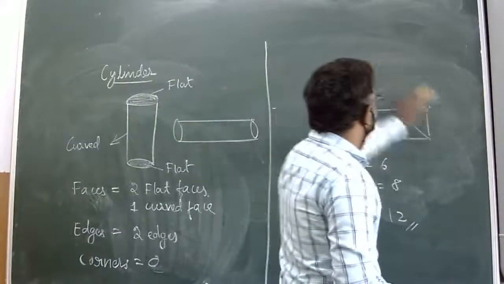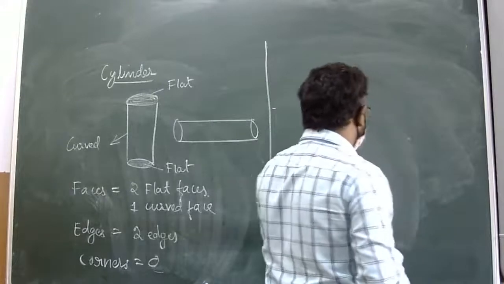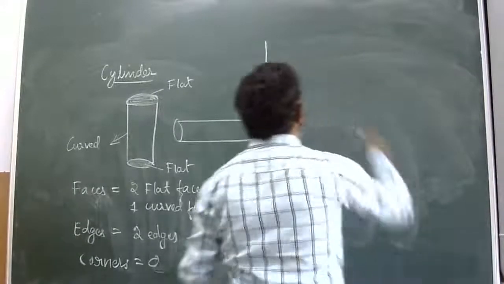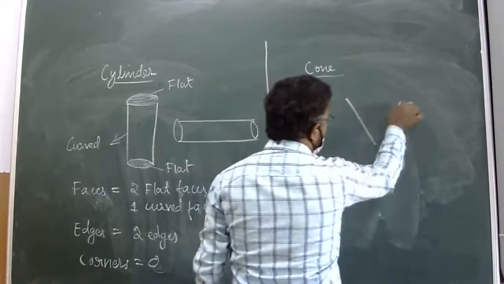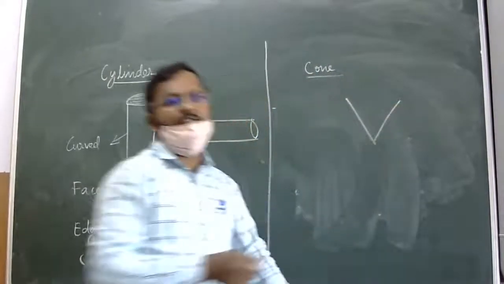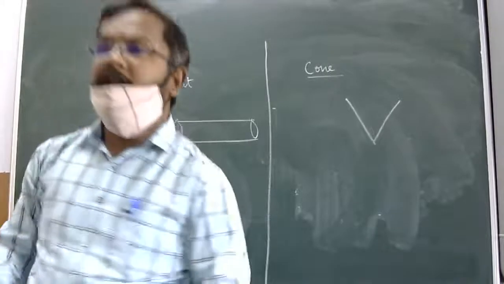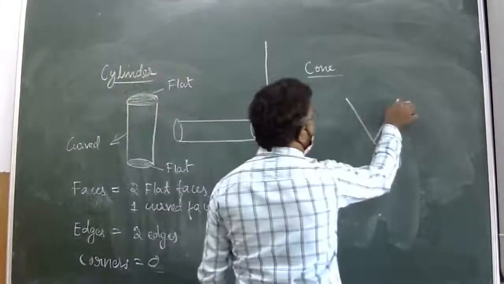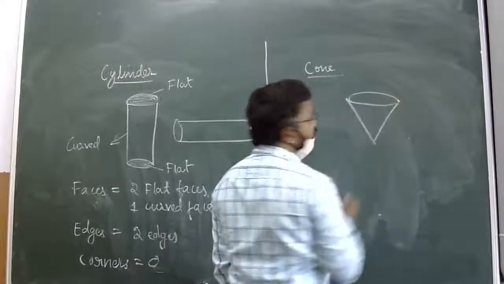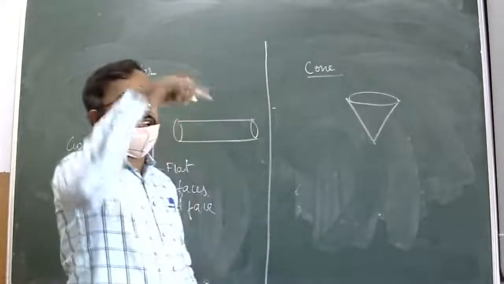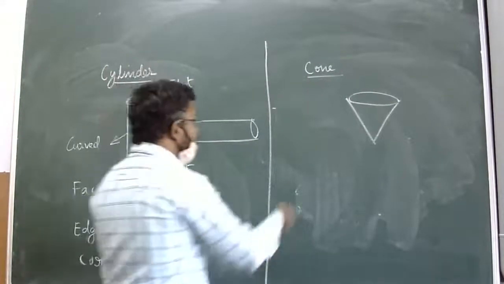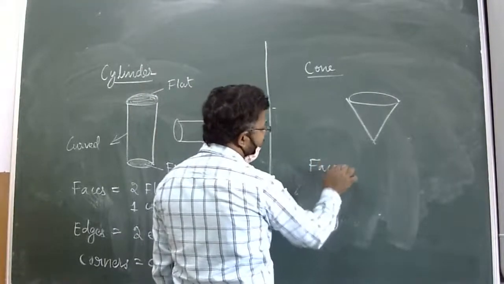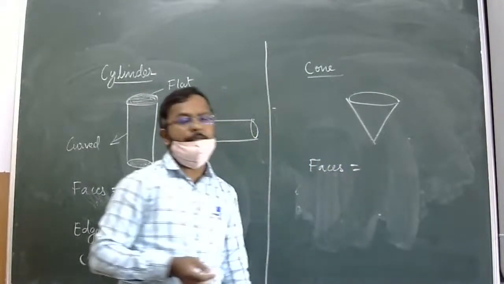So we'll draw the cone now. So how to draw a cone? First we have to make a V shape, and after that we have to draw an oval on the top. Here you have to draw the oval. Even you can write it downside also. So now again in this we have to see how many faces are there. How many faces we have?